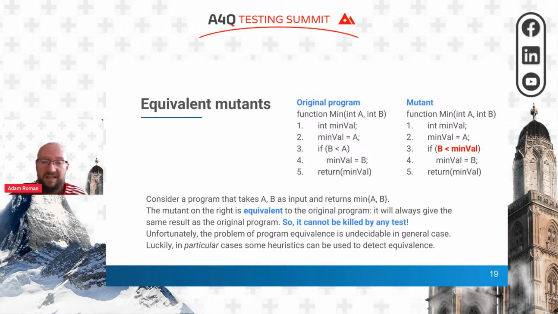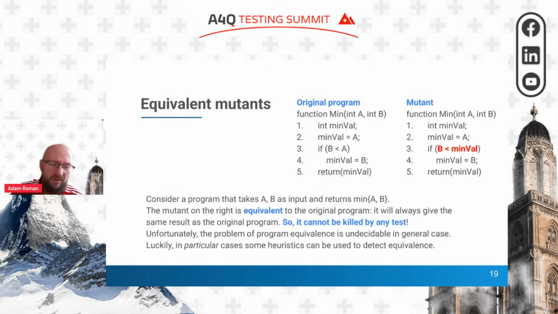So min val and a are the same variable, right? So changing it in line 3 doesn't change anything. For all inputs, both the original program and the mutant will return the same value. Such a situation is called an equivalent mutant. Equivalent mutants cannot be killed because they are by definition equivalent to the original program.